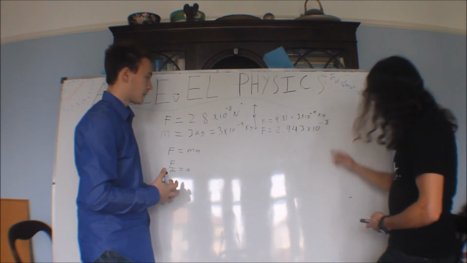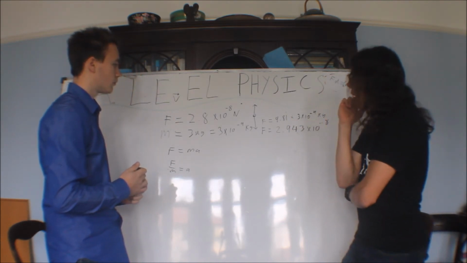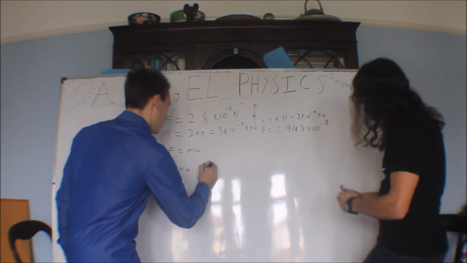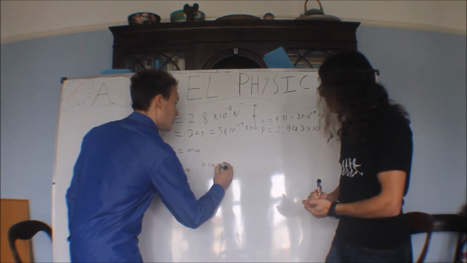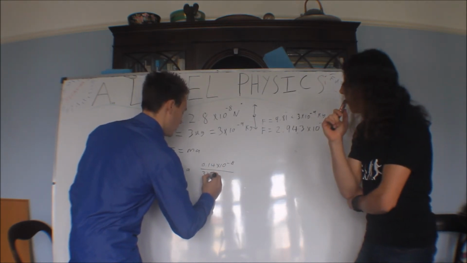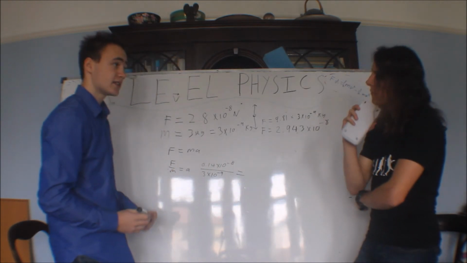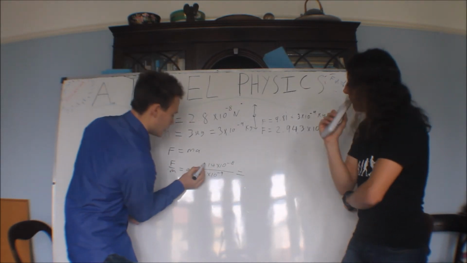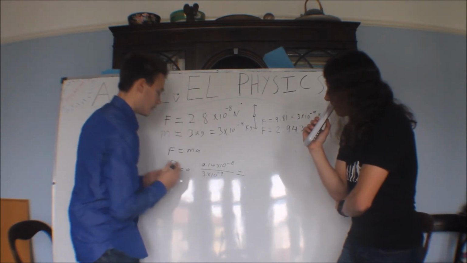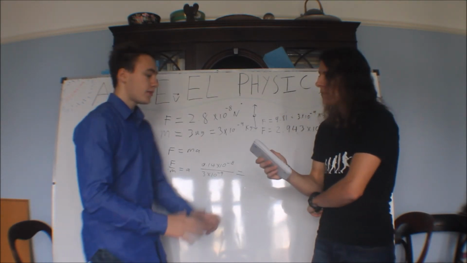Which will just be 0.14 times 10 to the minus 8 over the mass, which is very small, 3 times 10 to the minus 9, and that will give you an acceleration. That's a naught, not a 6, I should just clarify.